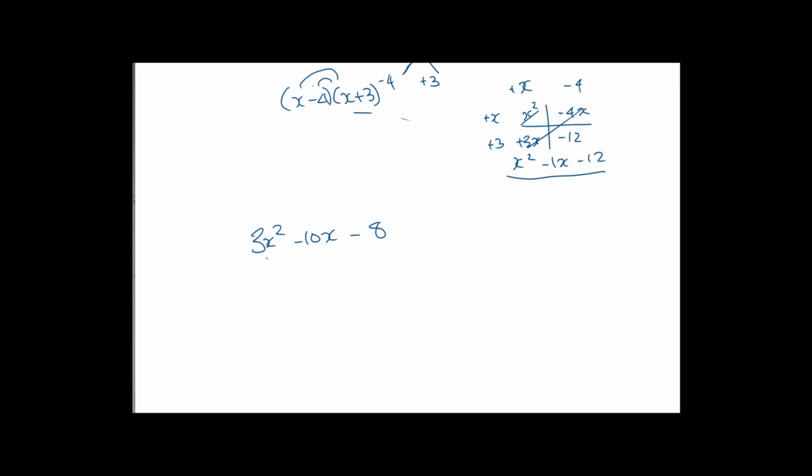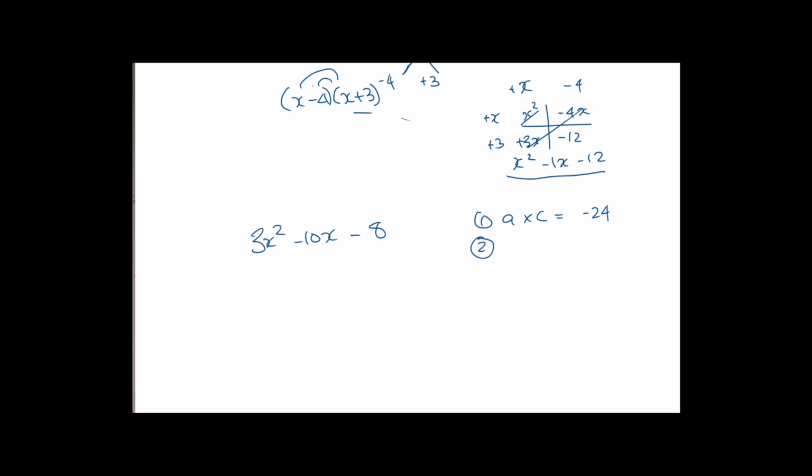First step is we take A times C. In this case, A is going to be 3, C is going to be minus 8, so that's going to be negative 24.